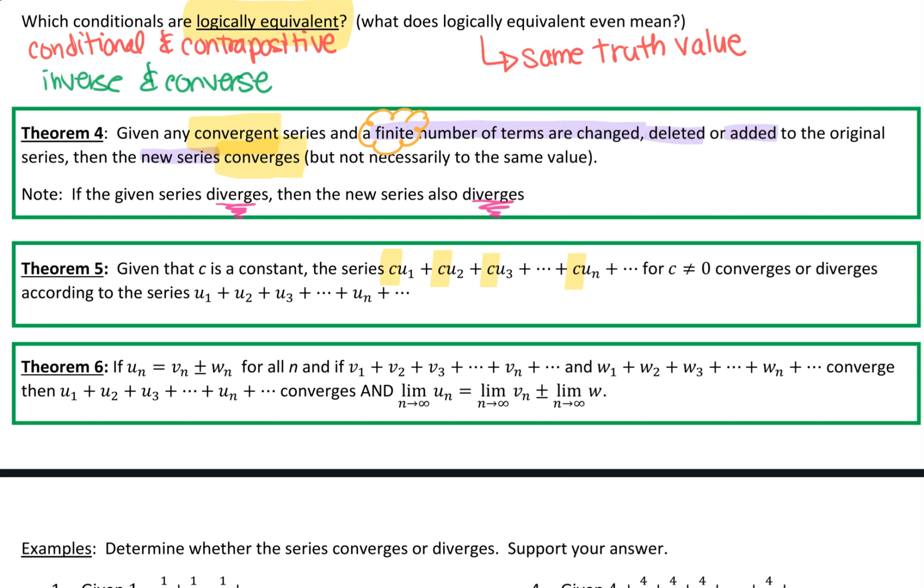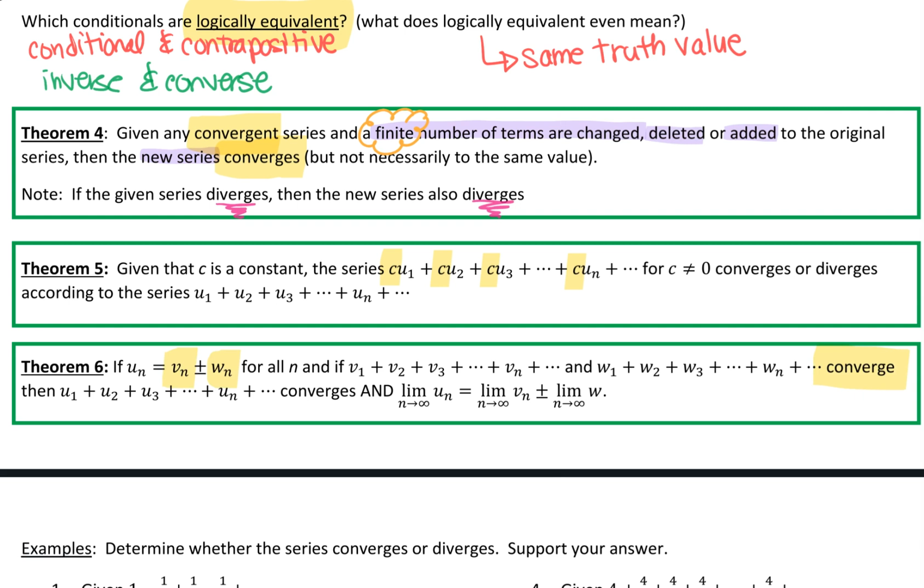Okay? Theorem 6 says, if you have a series that's the sum or difference of two series, V and W, and you know that those two series both converge, this is not true for divergence.